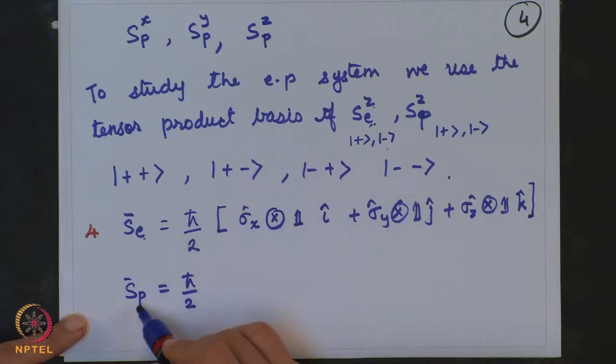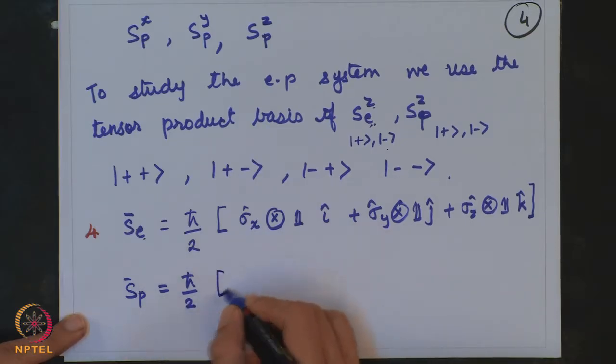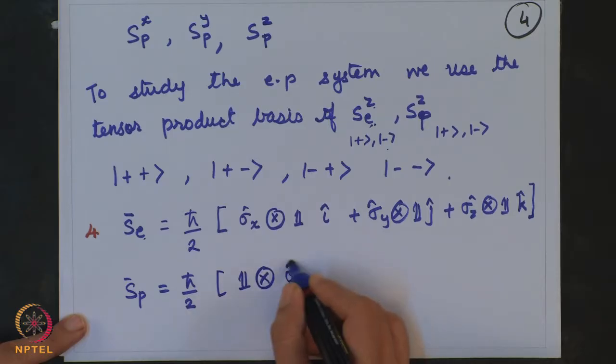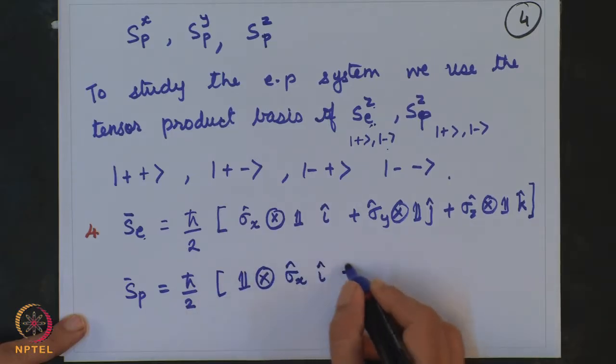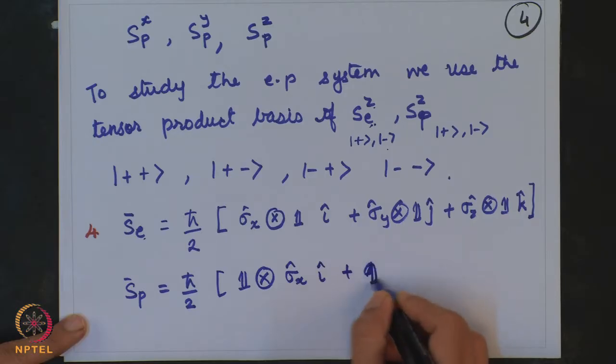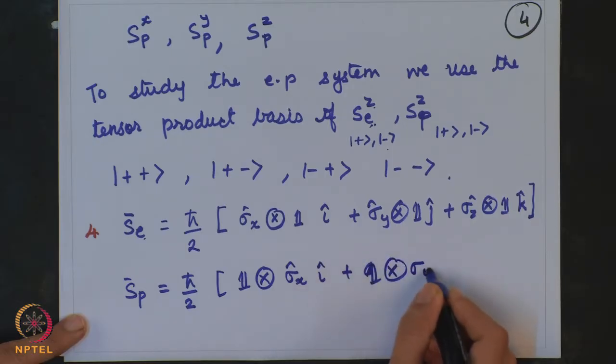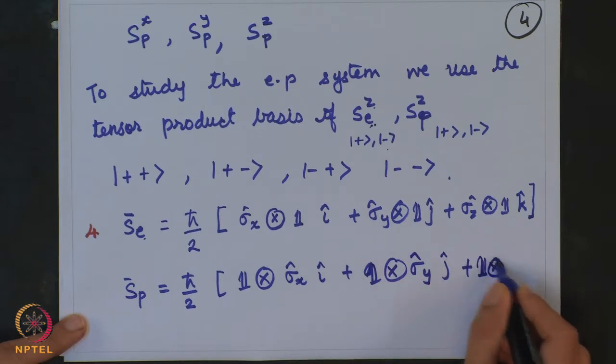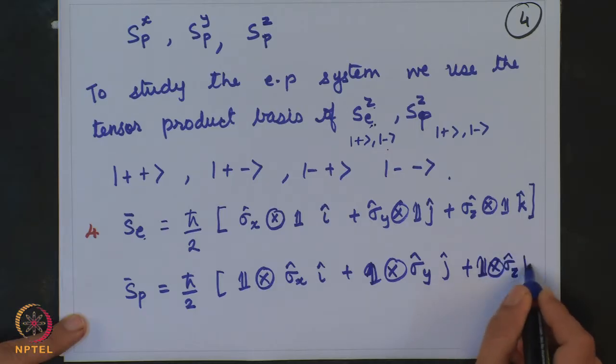Similarly, for the positron, you have 1, the second component, sigma x I cap plus 1 sigma y j cap plus 1 sigma z k cap.